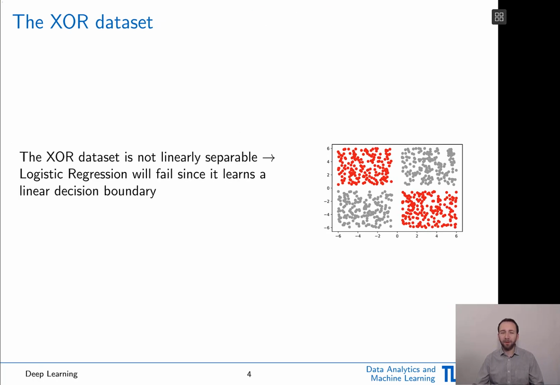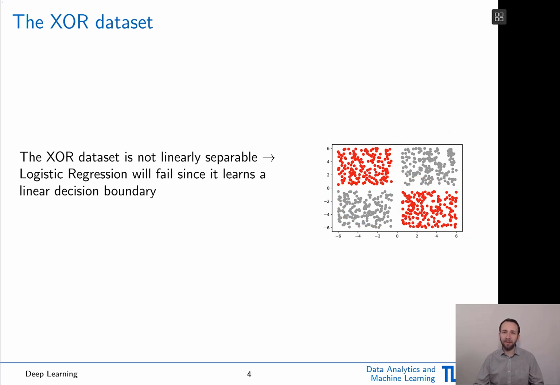And now we want to dig more into this neural network world, and we want to see what the problems of logistic regression are and why deep learning is so popular and so powerful as an alternative or more advanced principle. For this, we can, for example, start with a very famous XOR data set, which looks like this here. So here we have objects from class red and objects from class gray, let's say.